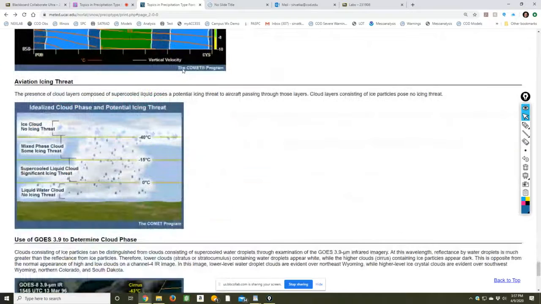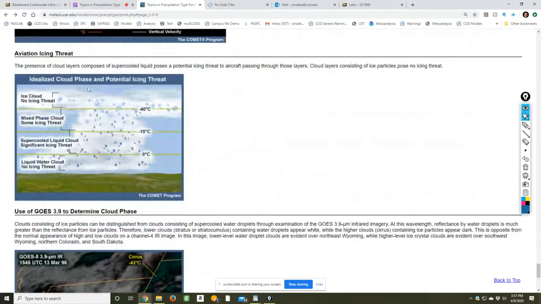Here's what I'm talking about with aviation icing threat. Liquid water, it's all above freezing, no threat. All supercooled water, significant threat. If you have mixed phase, meaning you have both ice and liquid, then that means you have some ice threat.